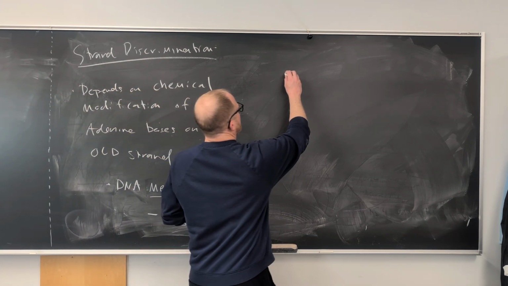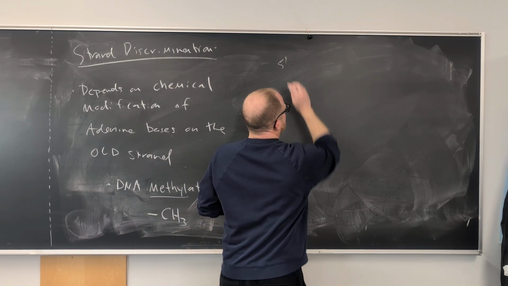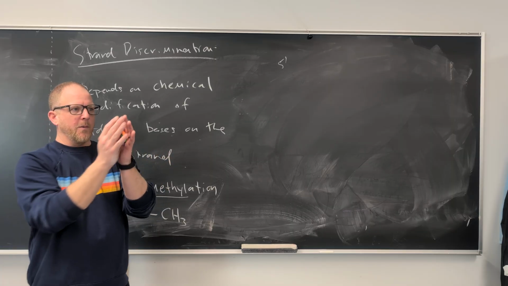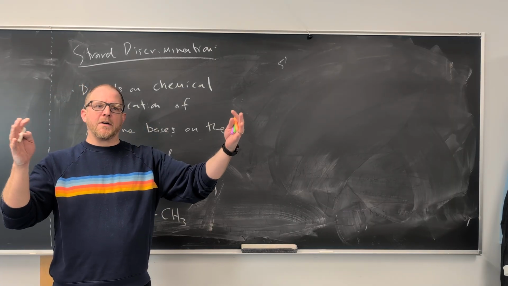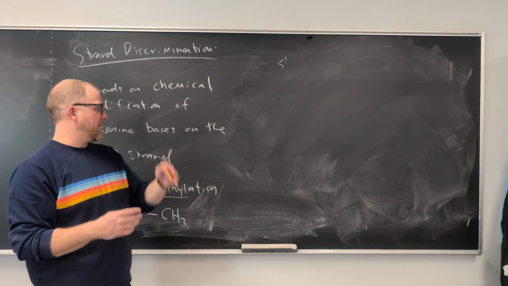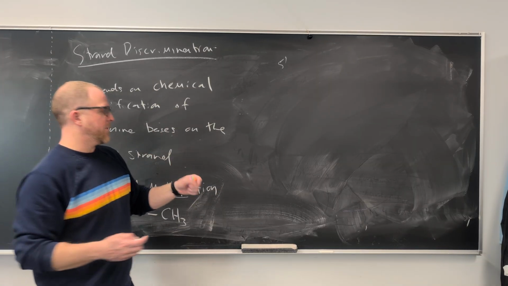So if we have a stretch of DNA, we'll go back to our original stretch of DNA that contains the wrong base pair, but I'm going to put some additional context around it, and that context will include some adenine bases. That's going to help us illustrate how this process allows these Mut proteins to distinguish old from new DNA.